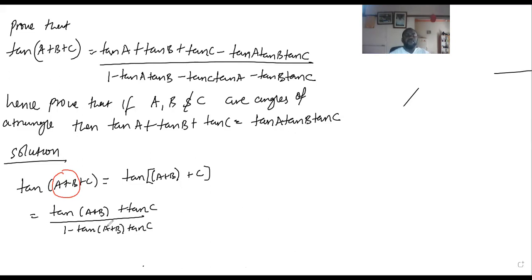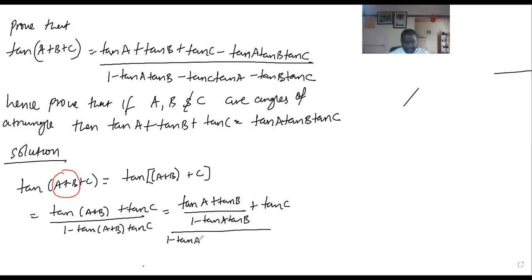Then go ahead and expand tan of A plus B. Tan of A plus B is tan A plus tan B, all is over 1 minus tan A tan B, plus tan of C, all is under 1 minus tan A plus tan B, all is over 1 minus tan A tan B, times tan of C. Now expand further.